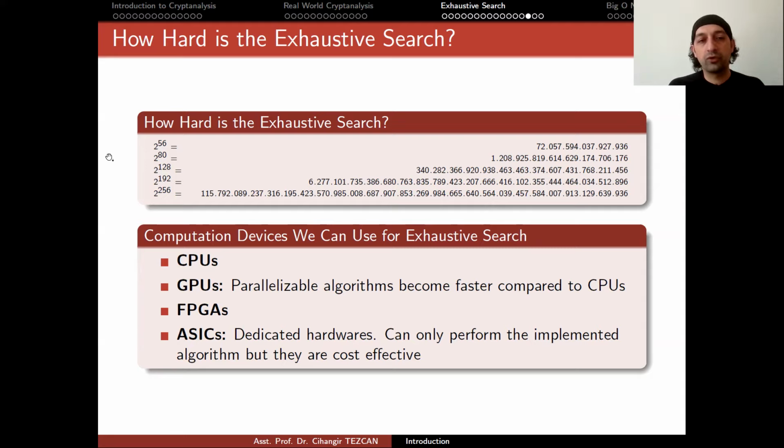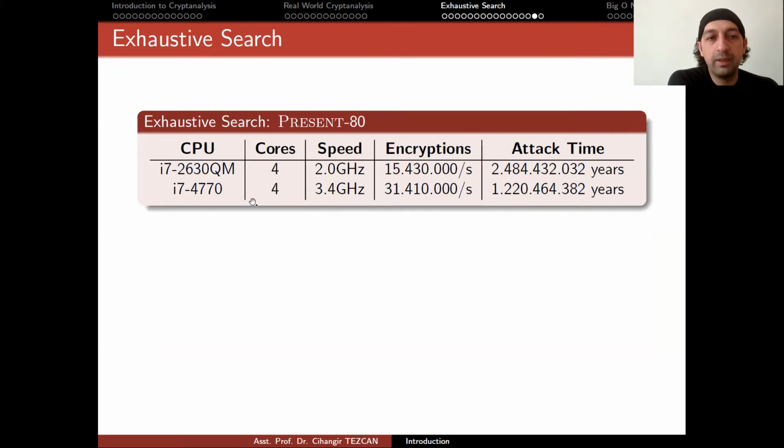So for short keys, people can build ASICs, or a lot of people on the internet with GPUs can get together and perform exhaustive search attacks on these ciphers. So let me show an example here. Here are two CPUs, one of them is a desktop, one of them is a laptop.